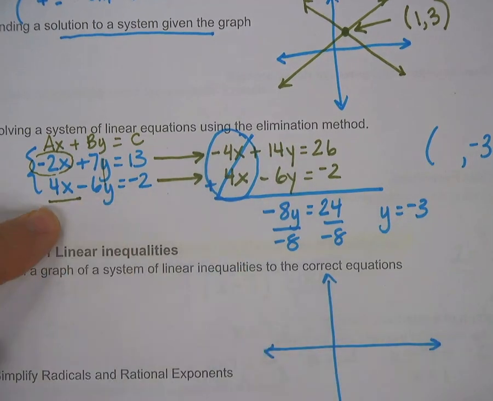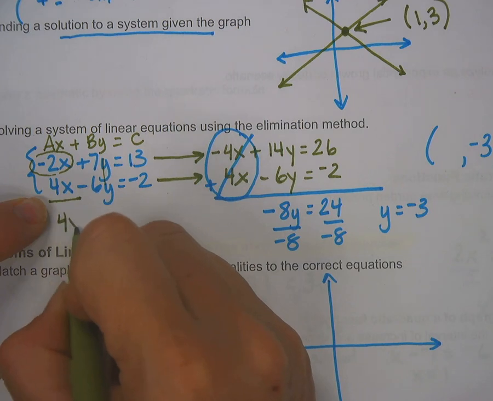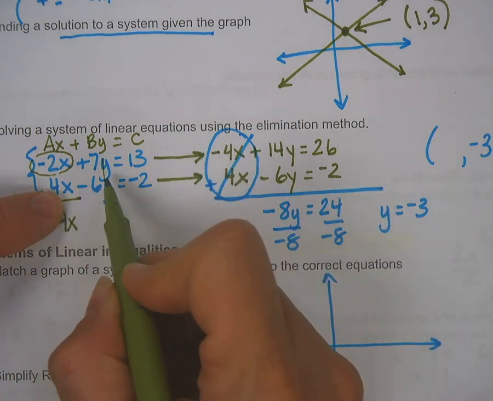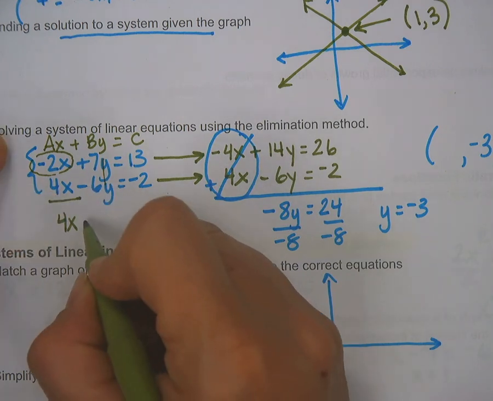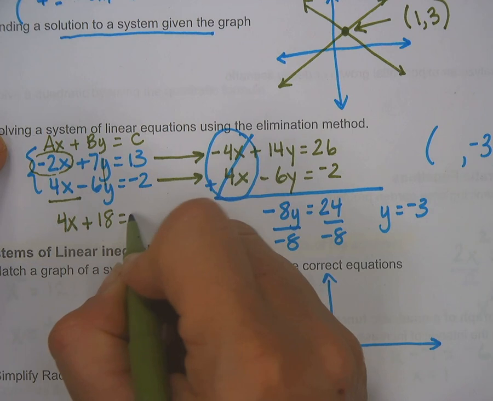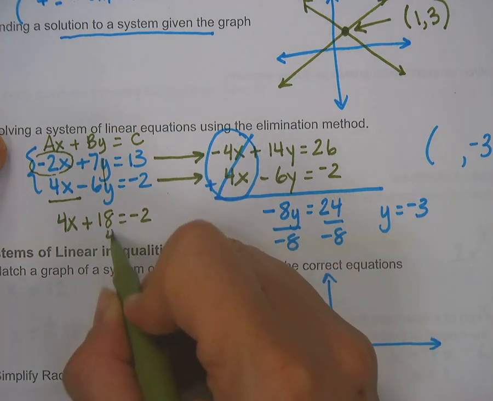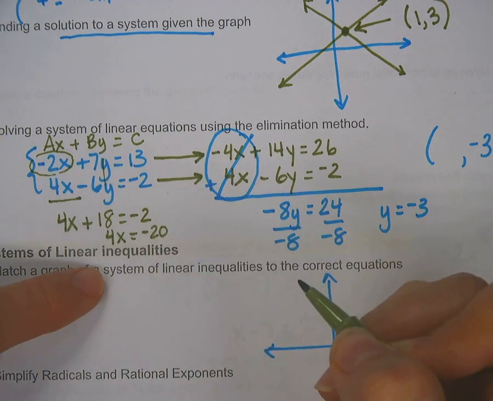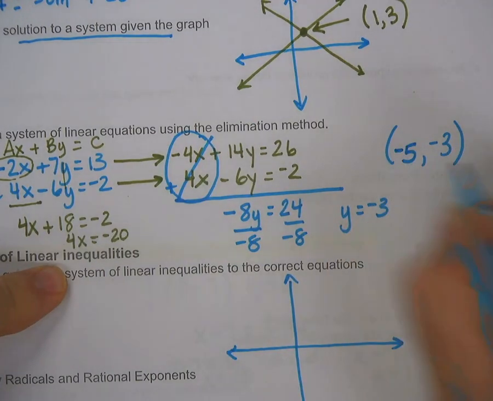I'm going to go down to this one just because I have more room to write. So 4x, and I'm going to substitute negative 3 in place of y. Negative 6 times negative 3 is positive 18. Now to solve this equation, I subtract 18 from both sides and divide both sides by 4. So x is equal to negative 5.